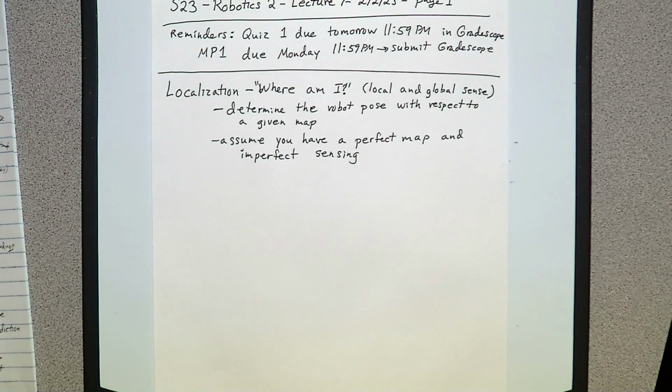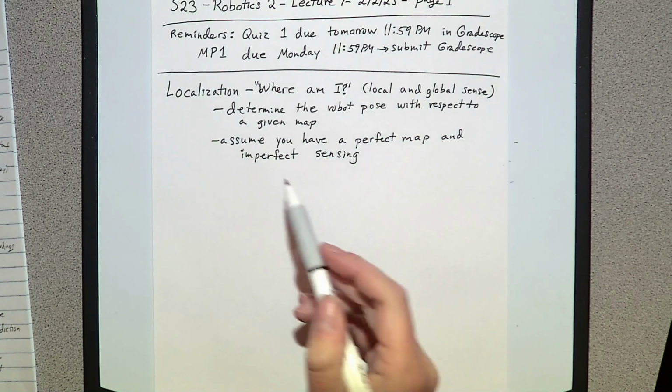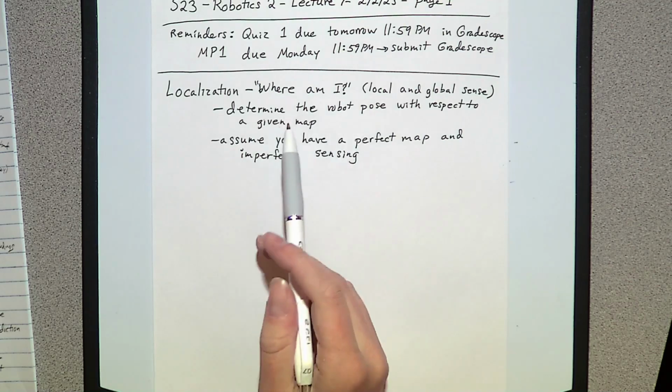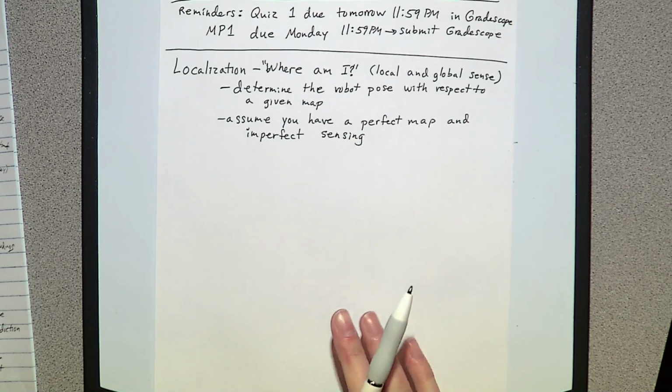So if you're just using your eyes and you're trying to judge how far you are away from certain objects, there's going to be a certain margin of error, especially if the object's further away. Determining are you 50 feet or 100 feet away from that might be a little more difficult than if you're 2 or 3 feet away from something. So you have imperfect sensing and a perfect map, and you're trying to figure out where you are relative to that map.